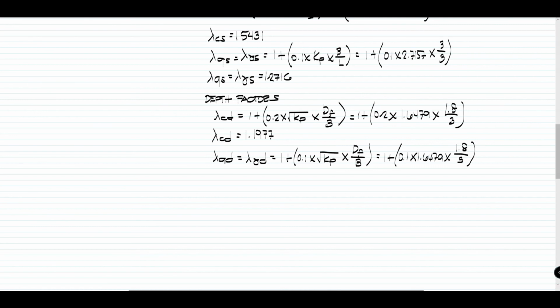So, our lambda QD and our lambda gamma D will just be equivalent to 1.0989. So, yan na yung ating depth factors.